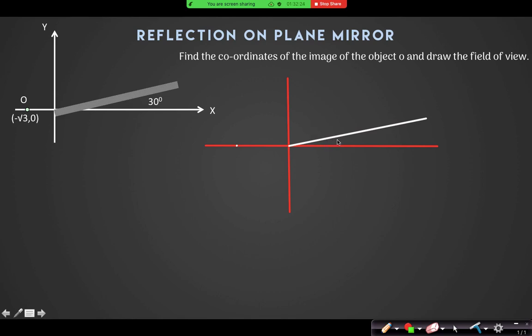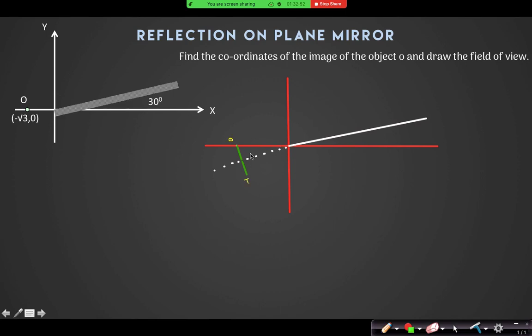What I will do, I will extend this mirror in this direction. Imaginary. There is no mirror here. And I will drop a perpendicular from the object to the extension line. And I will go by the same extent. And I will find my image here. Yes or no?